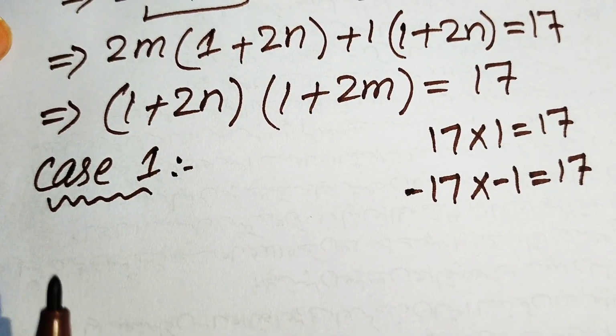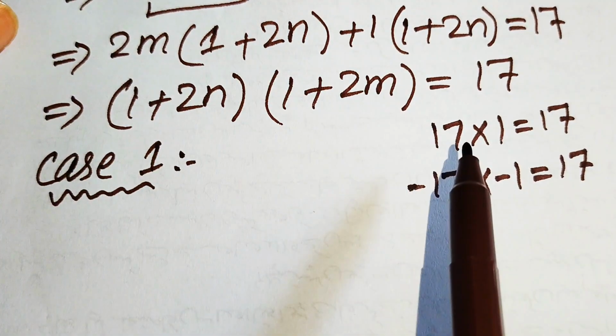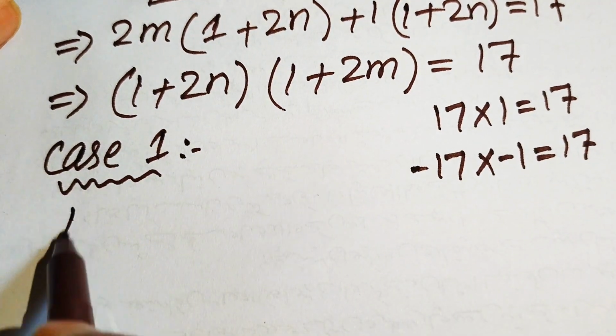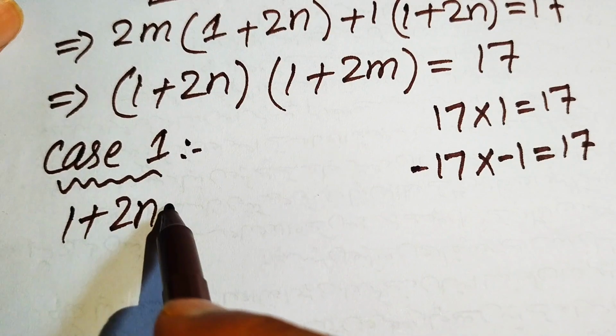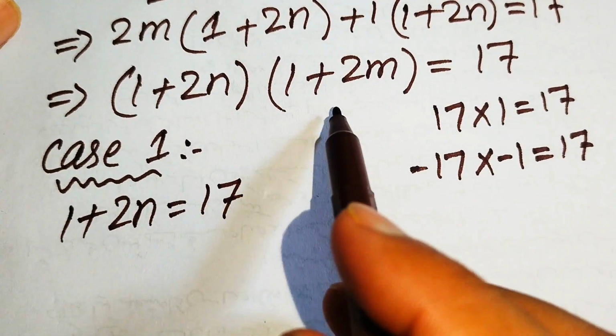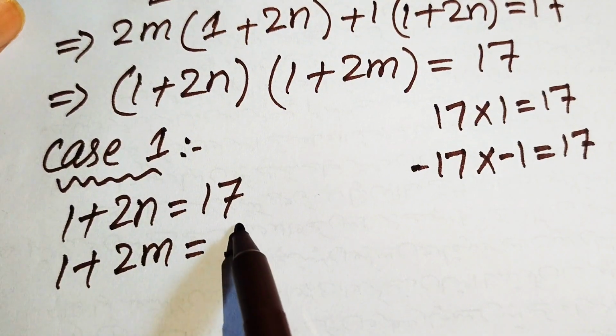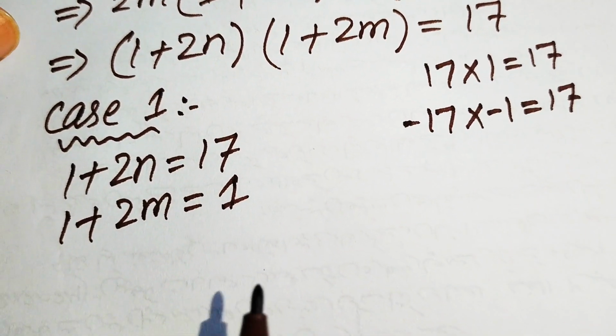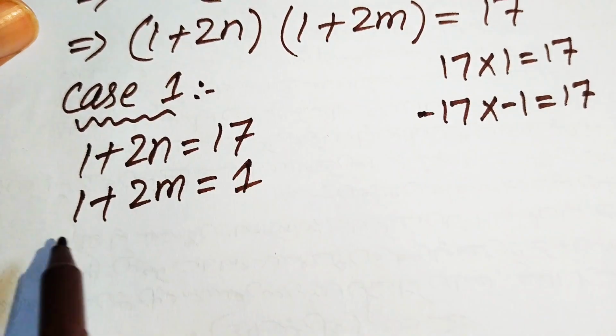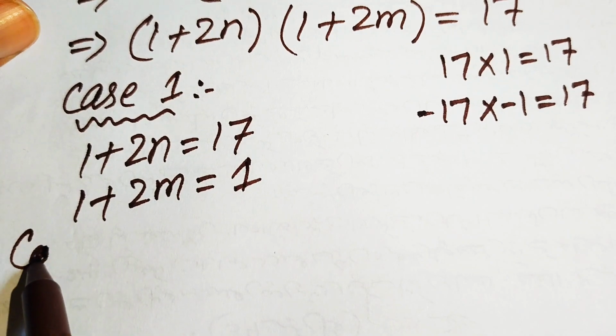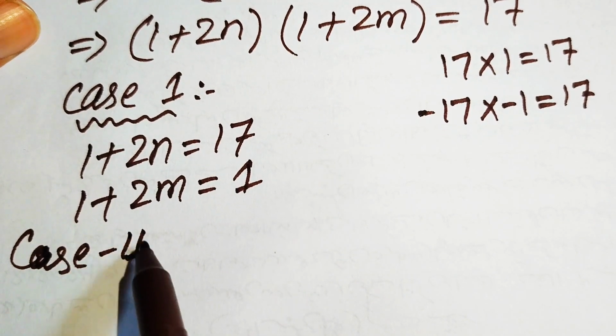Our case number 1 is we compare 1 plus 2n on this value, and it will be written as 1 plus 2n equals 17, and 1 plus 2m equals 1. So this is our case number 1, and we also create our case number 2.